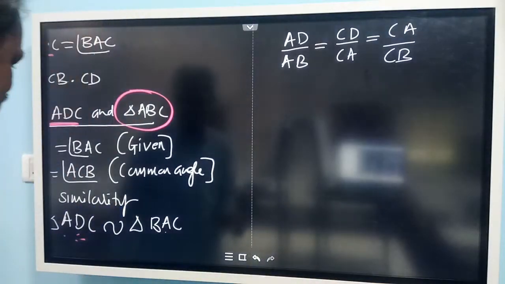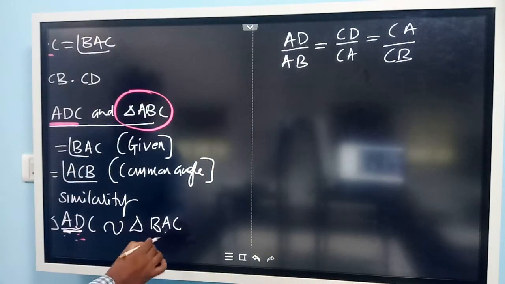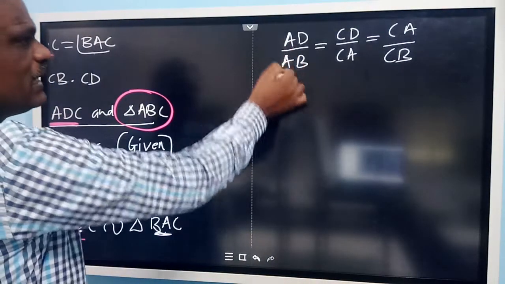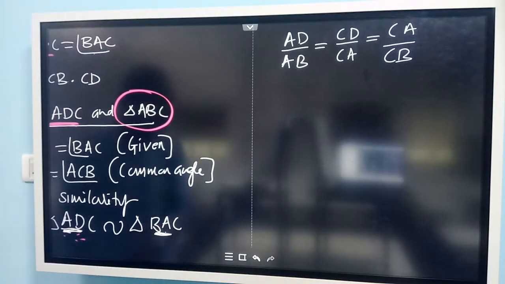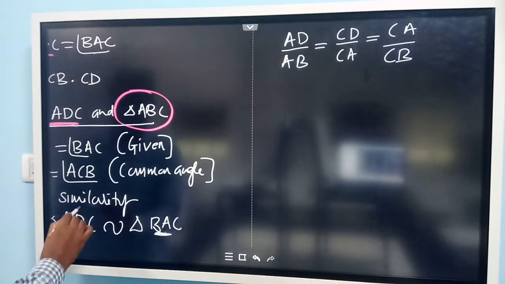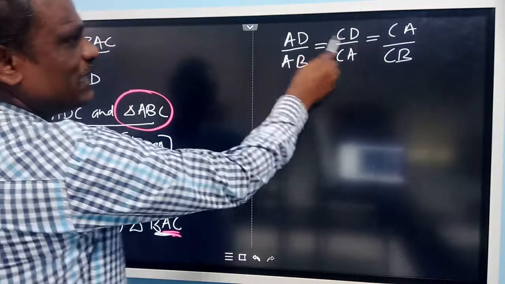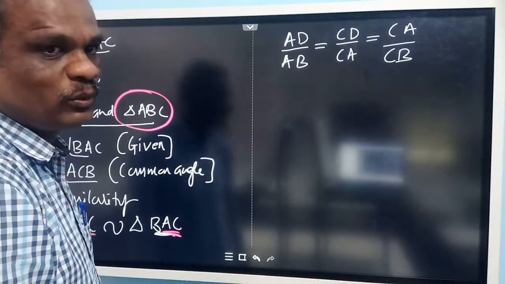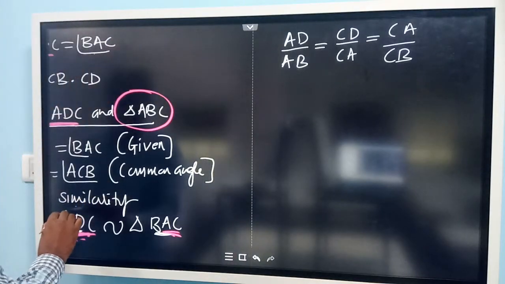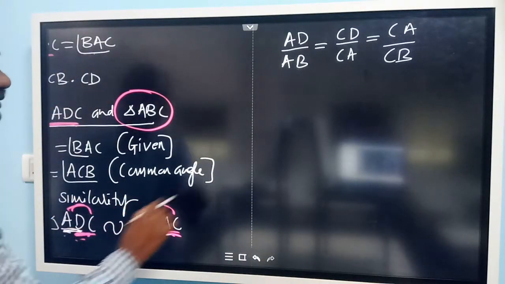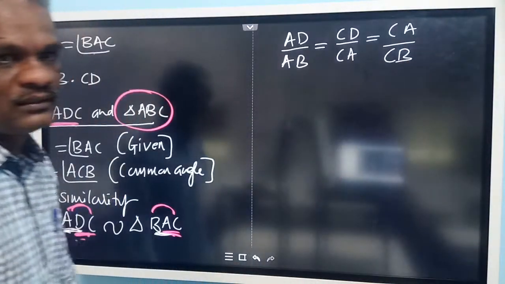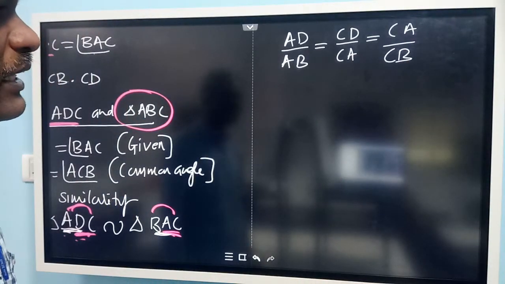How I have written, look at this. First two you take, AD by AB. Then come back to the second one, DC by AC, DC, AC or CD, CA, both are same. Then first and last, A and C, B and C. So in order you can write the ratios proportional.